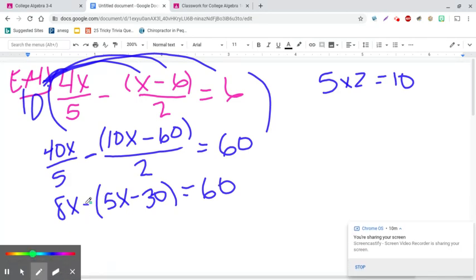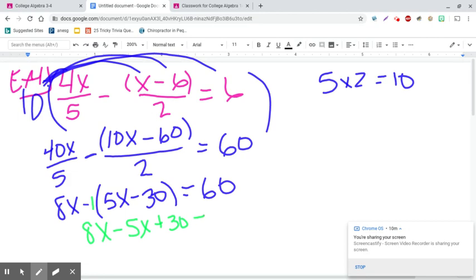We are subtracting this whole thing. We're subtracting 5x, and we're subtracting a negative 30. So what ends up happening is this becomes 8x minus 5x, right? Because if we were to put a negative 1 here, negative 1 times 5x is negative 5x, and now negative 1 times a negative 30, this now becomes a positive 30. Okay? And that's going to equal 60.